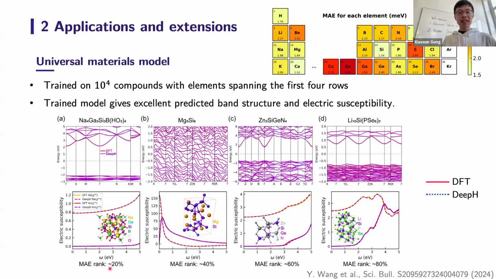This rank at 20% means that the error of this material is within the lowest 20%. All of these materials are not seen in the training set; they are all in the test set. So this 20% means the MAE is within the lowest 20% of the test set.